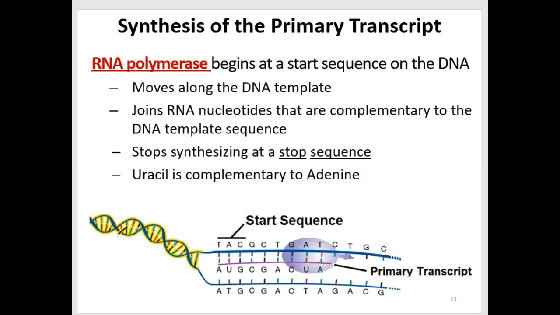The complementary RNA sequence that will be assembled by RNA polymerase is AUG. RNA polymerase continues to move along the chromosome and synthesizes a complementary strand of RNA until it reaches a stop sequence. At this point, the DNA rewinds, the RNA detaches, and the RNA polymerase falls off.